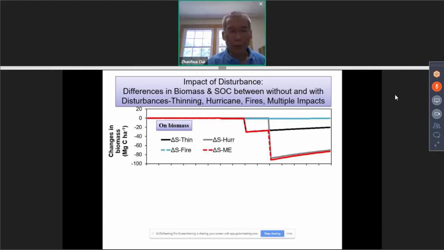Okay, so now we put them all together. That's all the disturbances. The thinning is this black line. We assume the thinning starts at this point.